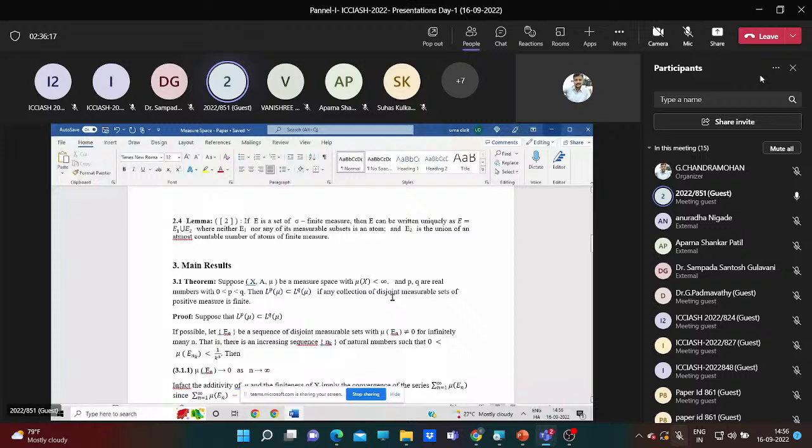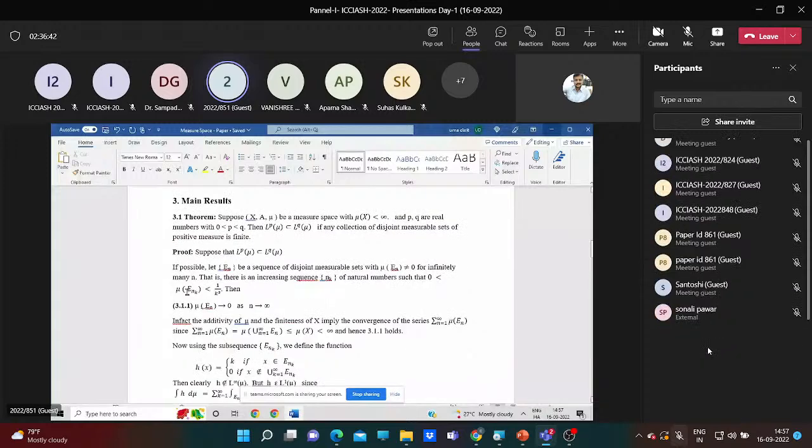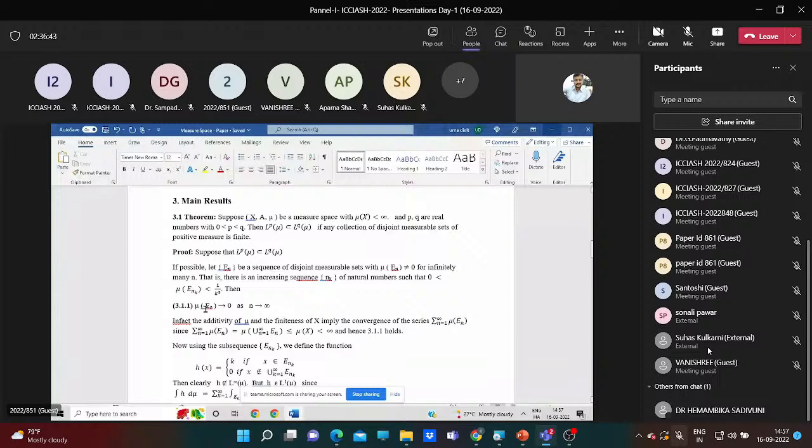So for the proof, we are taking the contradictory. Supposing if possible, there is a sequence of disjoint measurable sets whose measure is not 0 for infinitely many n. So I'm not saying it is finite here. That is, there is an increasing sequence nk of natural numbers such that the measures mu of E nk are less than 1 by k cube. Then mu of En tends to 0 as n tends to infinity.